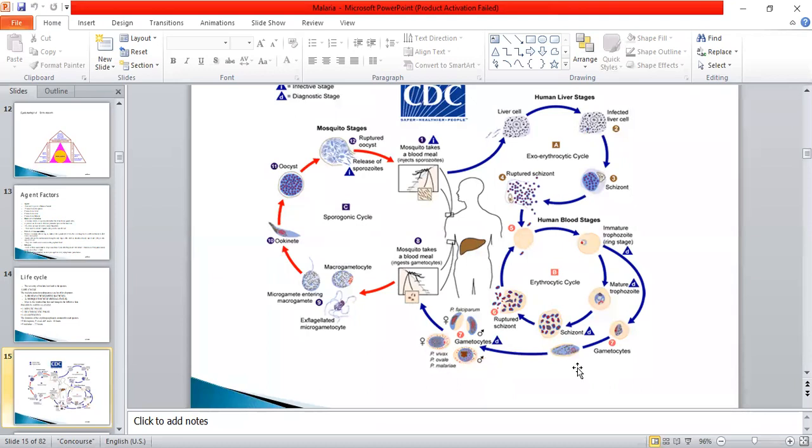In the sexual cycle, the mature trophozoite changes into the gametocyte, which is divided into male and female in the mosquito. When the mosquito takes the blood, it enters the mosquito stomach and further matures into the microgametocyte and macrogametocyte.